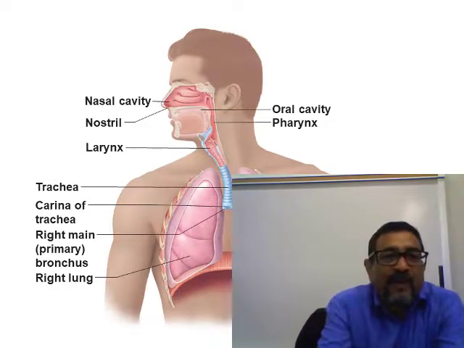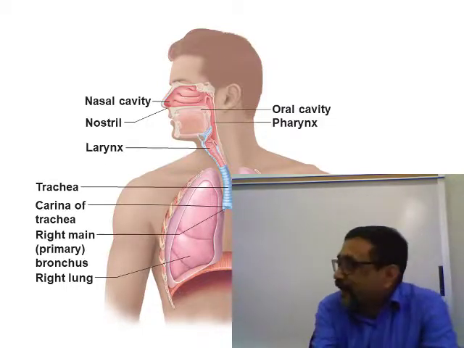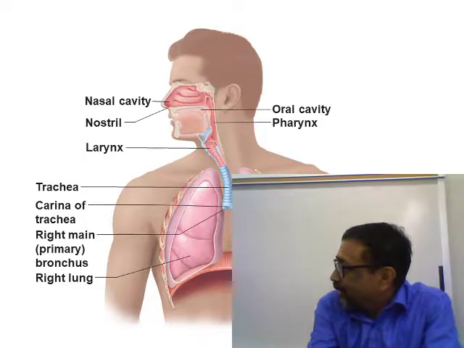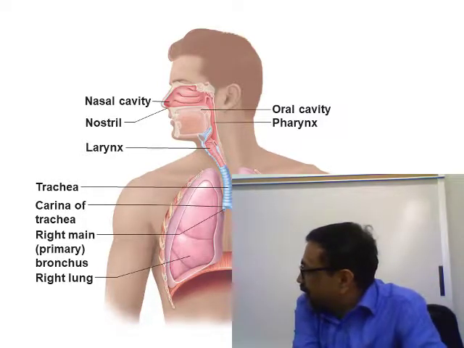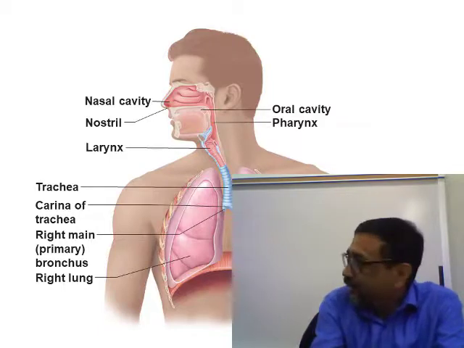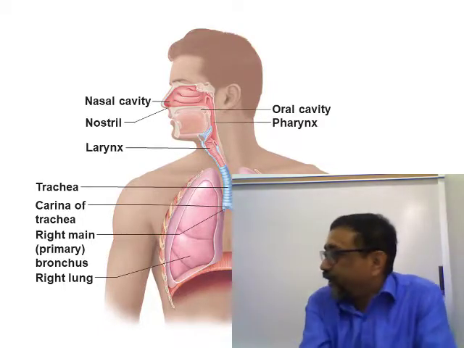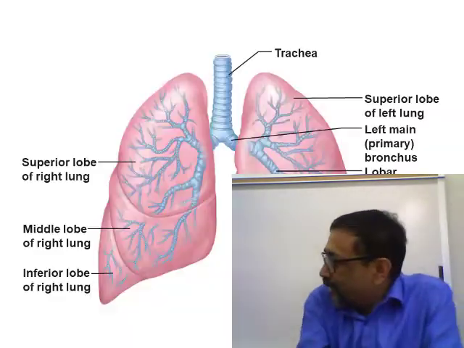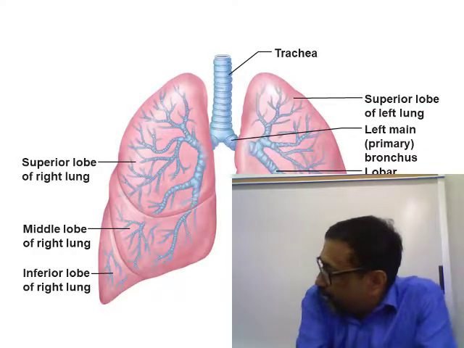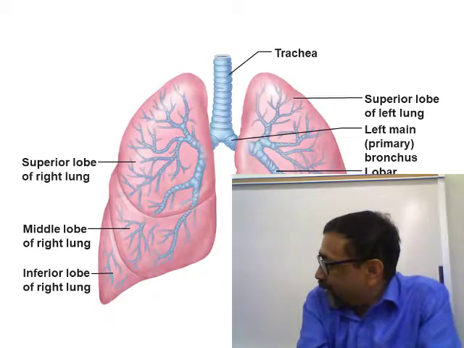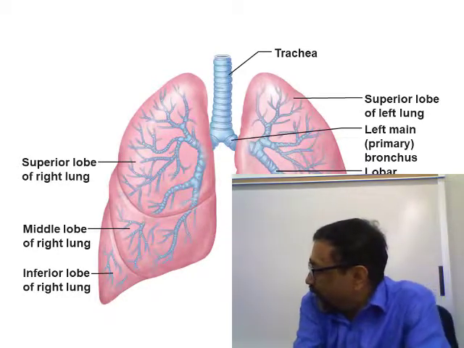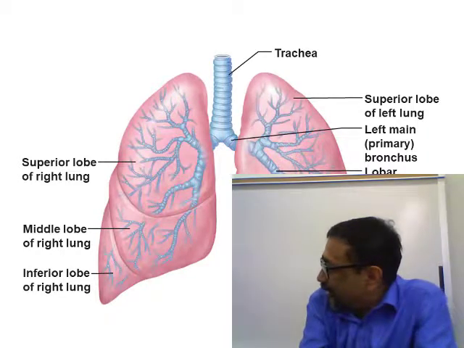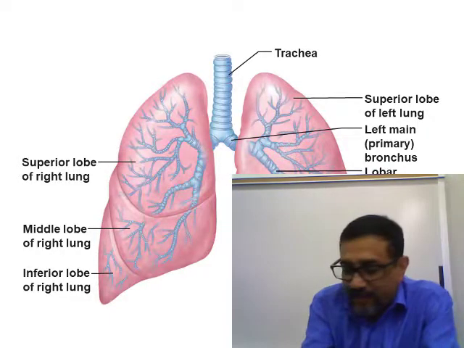Primary bronchus divides into secondary bronchi inside the lung, and secondary bronchi divide and form tertiary bronchi. So larger two, smaller branches. Then tertiary bronchi divide and form bronchioles, and the terminal bronchioles are the small branches.